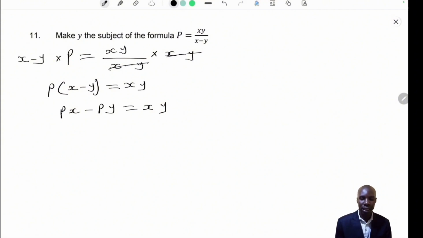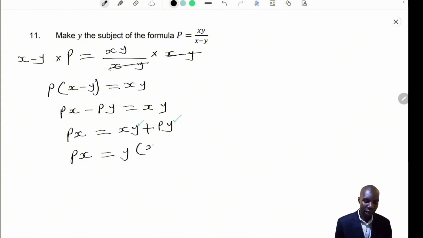Then collect the like terms together. We want to bring the y family together because our concern is to make y the subject of the formula. So px is supposed to give us xy plus py. Then px equals y is common. So we'll have y in bracket x plus p.